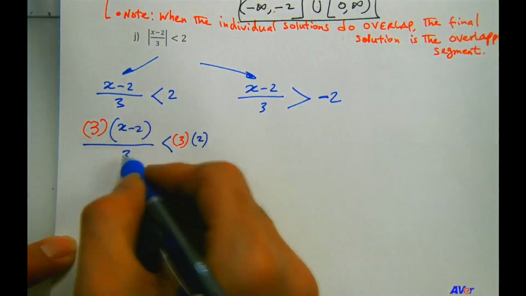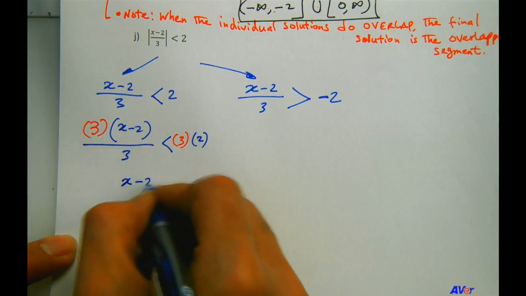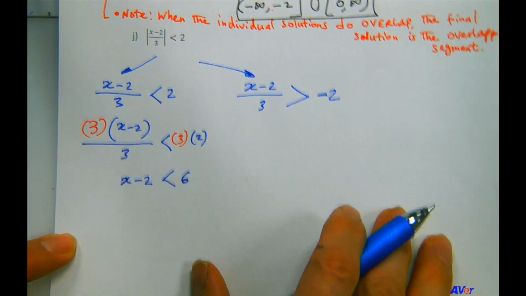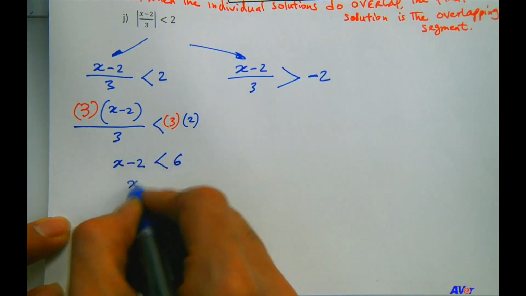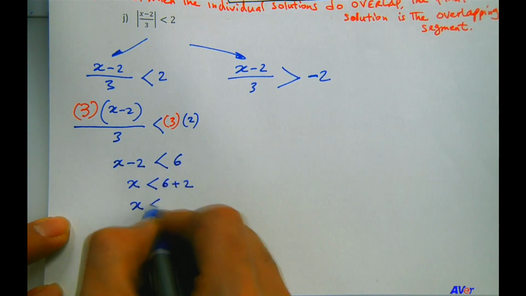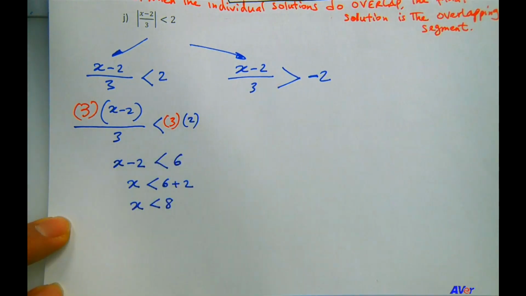So on the left, the 3 and the 3 cancel out. We end up with x minus 2. On the right, we end up with 6. Then move the -2 to the other side. Then x will be less than 8. So that's one individual solution.